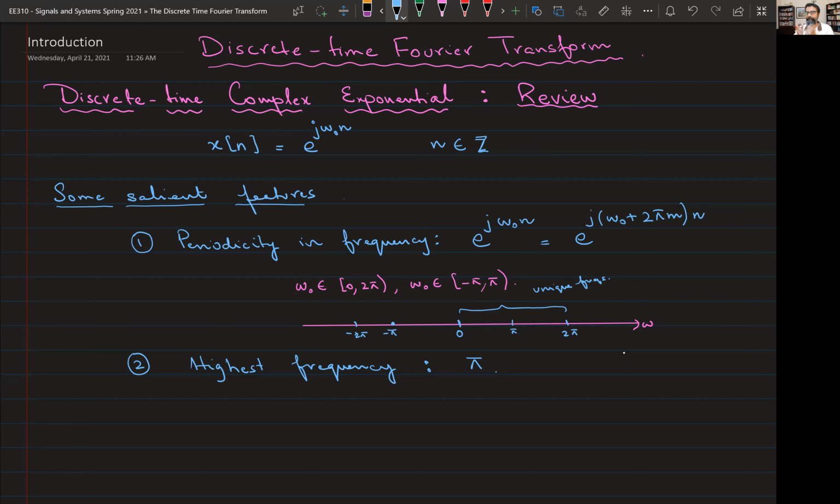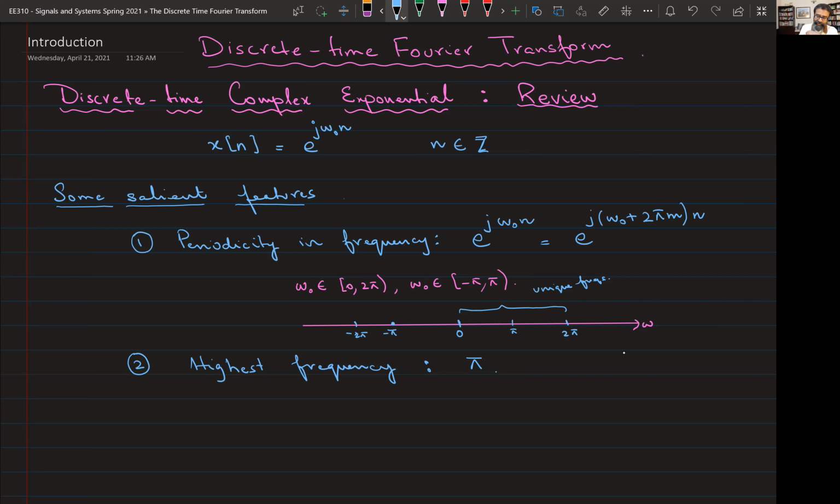Okay, so minus pi and pi are going to be similar. Minus 0.5 pi and 1.5 pi are going to be similar, and so on and so forth, right? So this is enough for us to just consider frequencies within 0 and 2 pi, or from minus pi to pi. Okay, that was the first fundamental difference between continuous time exponentials and discrete time exponentials.